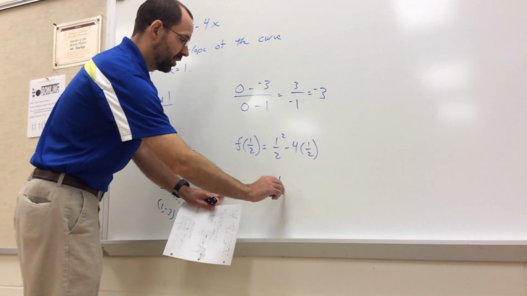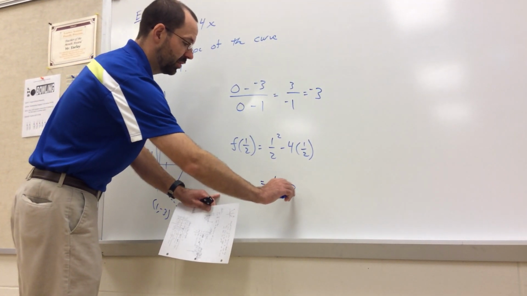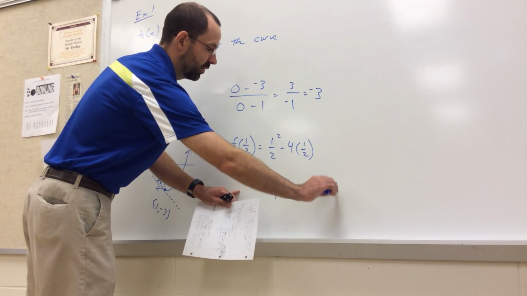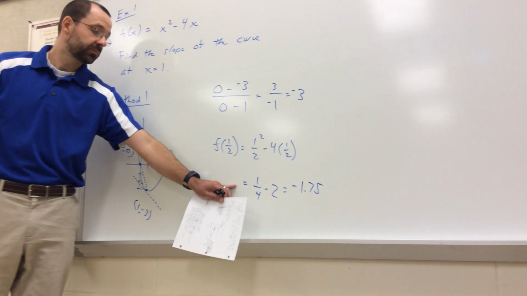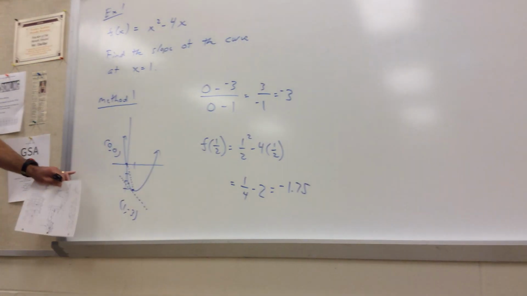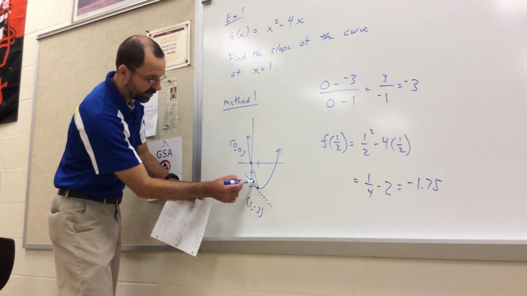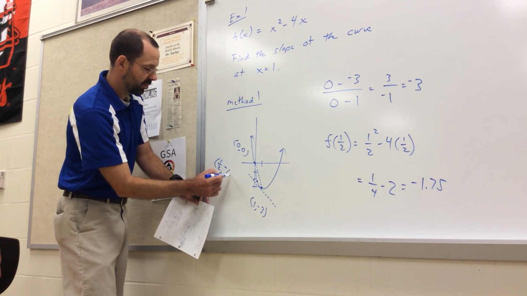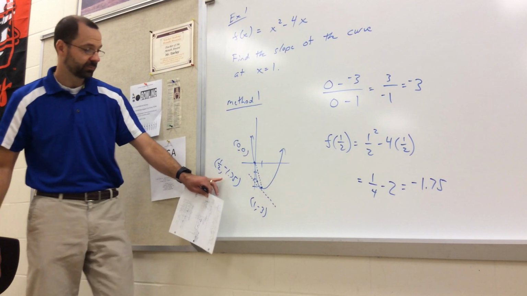So that's 1/4 minus 2, which is negative 1.75. So this point right here on the curve is (1/2, -1.75).